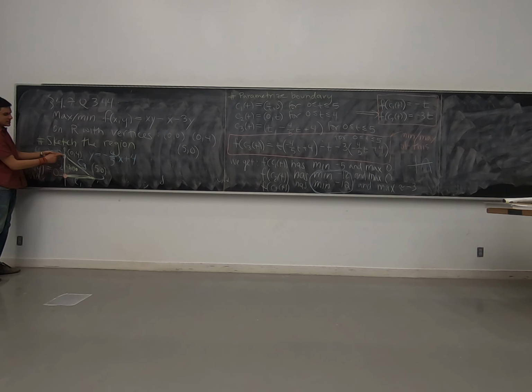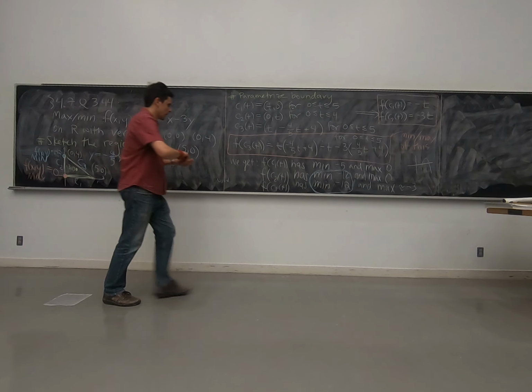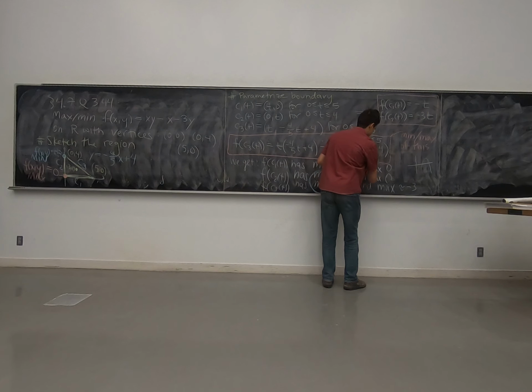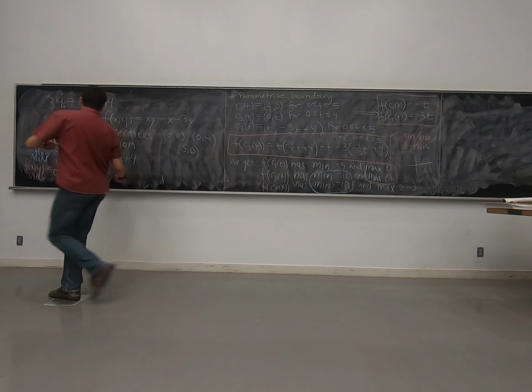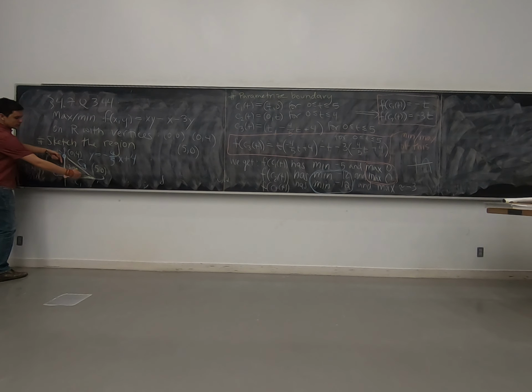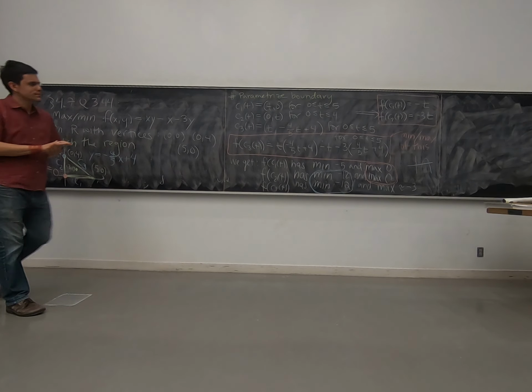And the min on this line is negative 12. So we get that value repeated. And we also get this value repeated because it comes up on C1 and C2. Okay. So it's the same point written sort of as part of two different calculations.